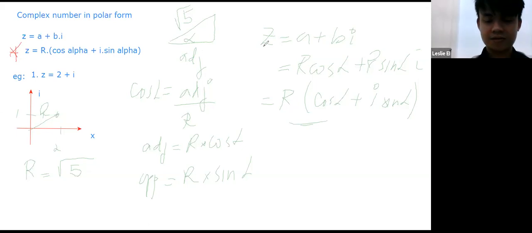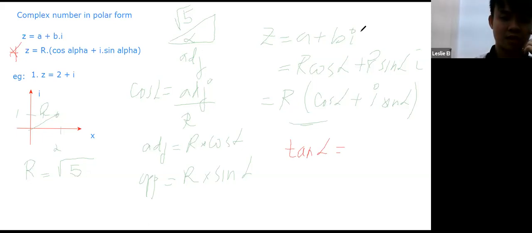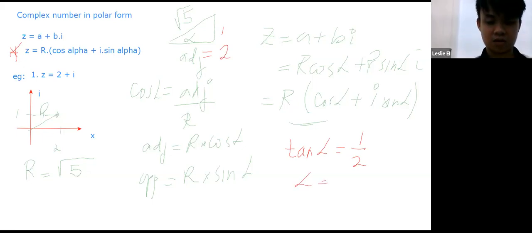Any questions until here? No. Now we continue. How do you find alpha? Tangent alpha. The opposite side is 1 unit. The adjacent side is 2 units here. So tangent alpha is 1 over 2. Then you can shift tangent, but make your calculator mode in radian mode. So shift tangent 0.5 gives you 0.46 radian.